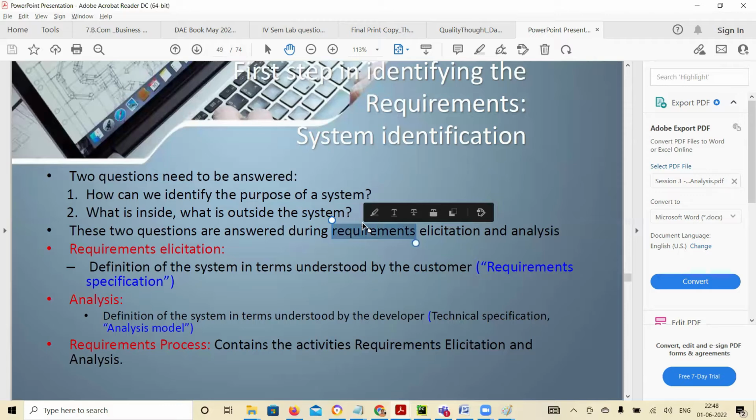So my question was, what do you understand from requirement elicitation here? Basic understanding of what the customer gets from the requirement.